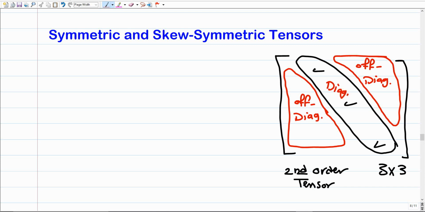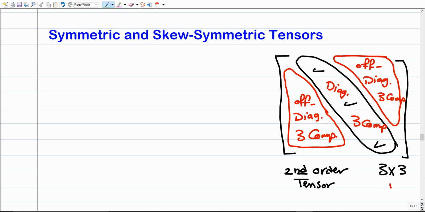This is generally for any tensor, whether second order or third order, but for the commonly used one in linear elasticity, the second order tensor, we have 3 components over the diagonal, 3 other components on the upper part of the off-diagonal, and 3 other components over the lower part of the off-diagonal.